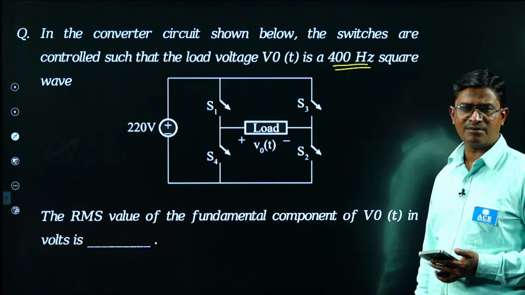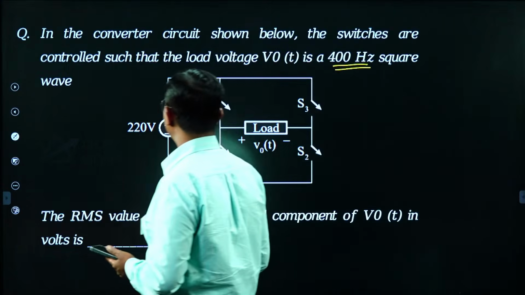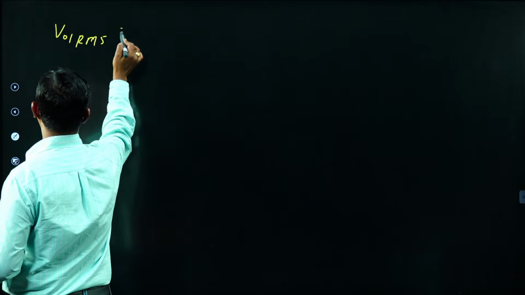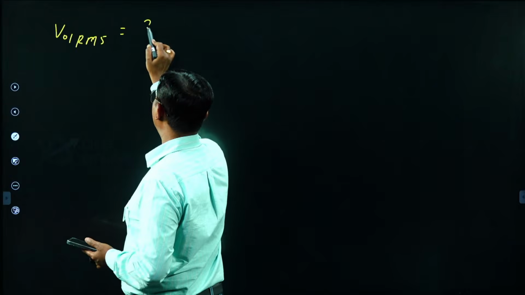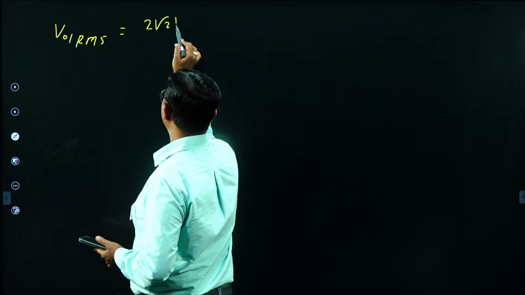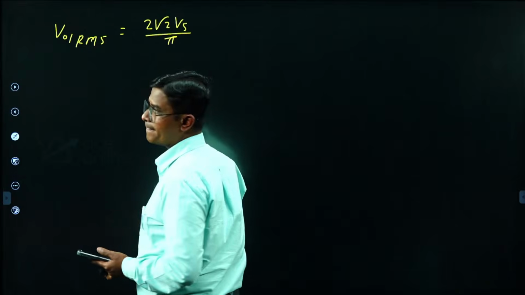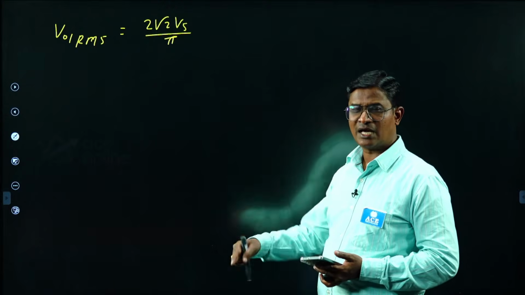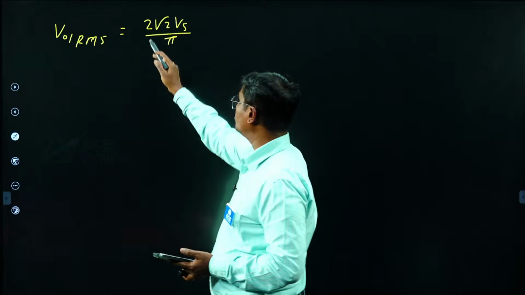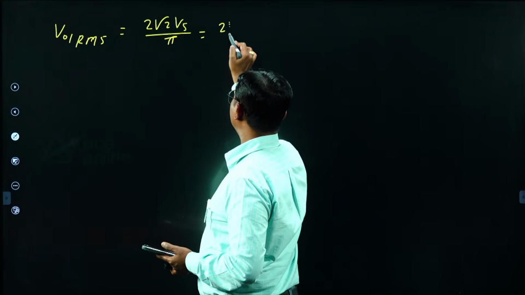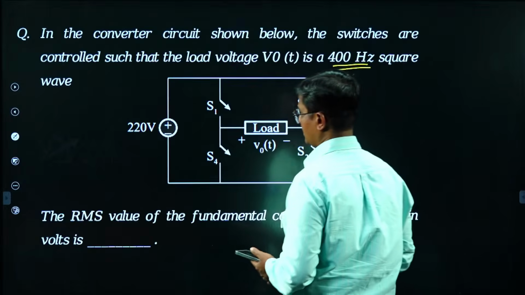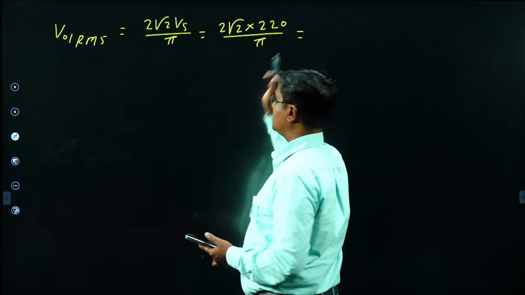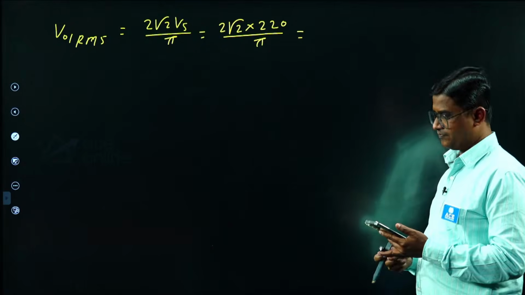V0 1 RMS equals 2√2 into Vs upon pi. We have 4 Vs by pi, but that is the amplitude; for RMS, divide by √2. So 4 by √2 means 2√2 into Vs by pi. So it is 2√2 into 220 upon pi. You can simplify this and get the answer. Simple.